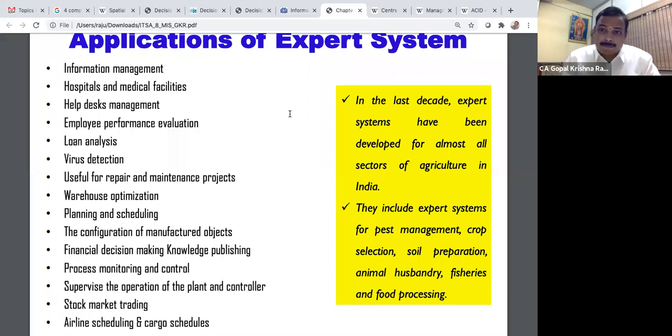For example, I want to know how much pesticide I have to use. It is not that every morning, once the sun is up, you go and put fertilizer or pesticides. That is not required. You need to gauge whether pesticide is required or not, whether you need to do soil preparation or not, and whether you have to add some minerals to the soil or not.